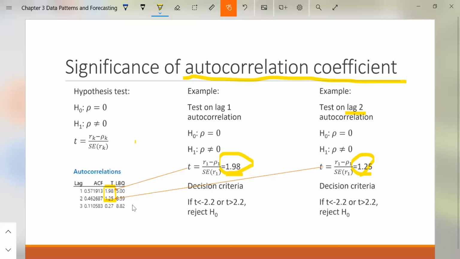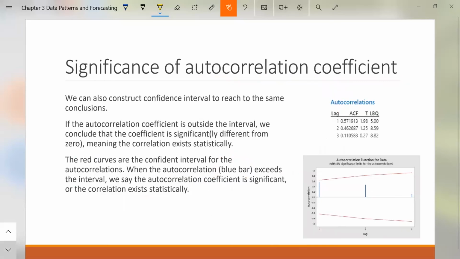Okay? The rule of thumb, again, is the magic number 2. So the alternative way to determine if the autocorrelation coefficient for the population is significant or not is to look at another approach we reviewed in chapter 2, which is the confidence interval.